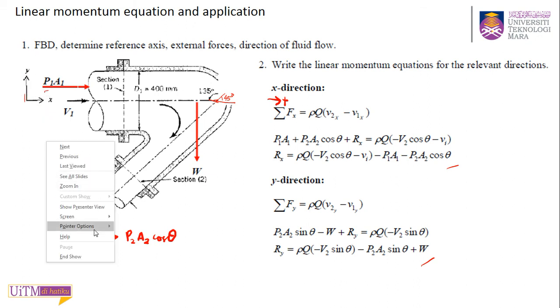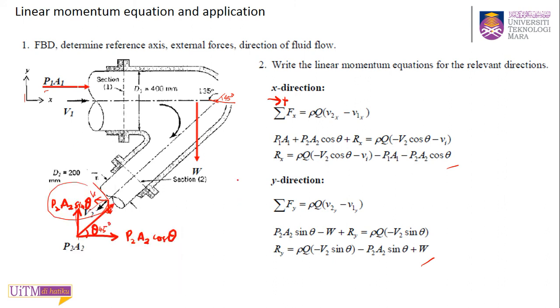So in this example, the Rx they assume is in the same direction as this reference, so they assume the Rx to the right, and the Ry upward. Again, it doesn't matter which direction you assume. If they assume with the same reference as this, that's why it's positive.